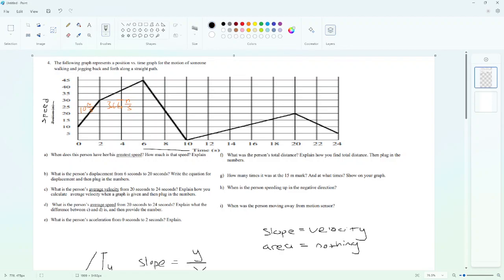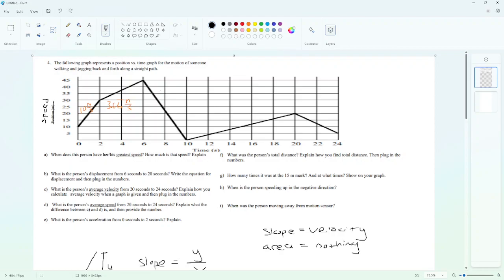From here to here. And the reason I'm going in such specific chunks is, well, when this line bends, the slope changes. So I'm just going to where the slope is constant. So from here to here, the difference in time is going to be 4 seconds. And the change in distance is going to be 45.